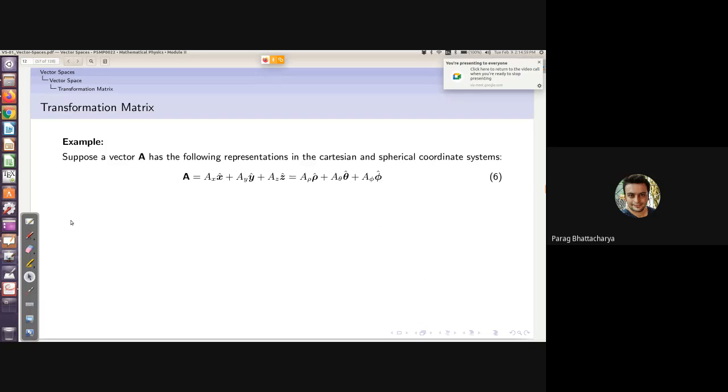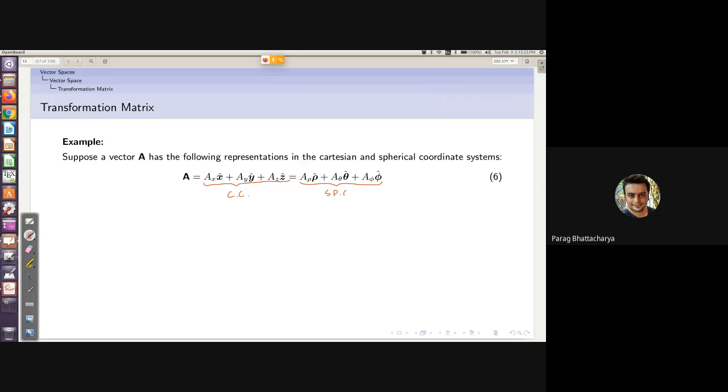All right, so suppose I have an example of such a transformation matrix. Suppose I have a vector A which has the following representation in Cartesian as well as spherical coordinate system. This is the representation in Cartesian coordinate system, and this is the representation in spherical polar coordinate system.